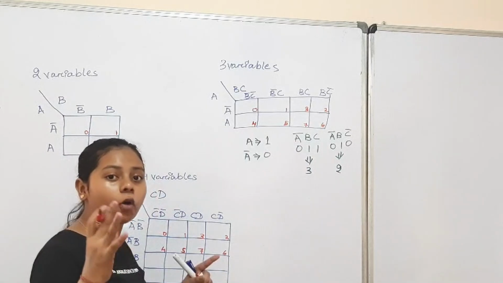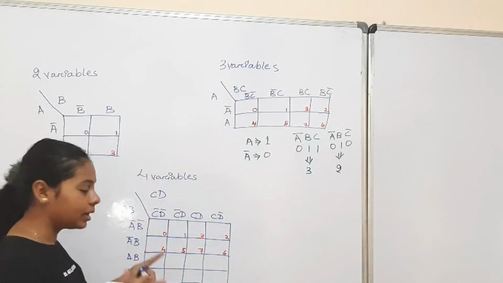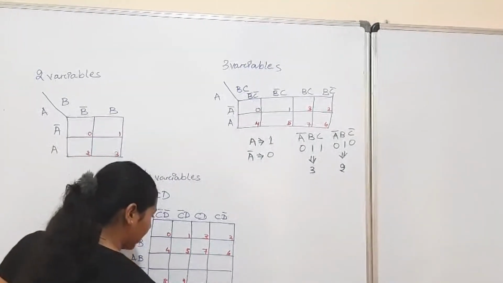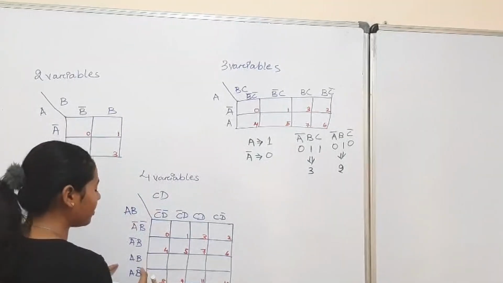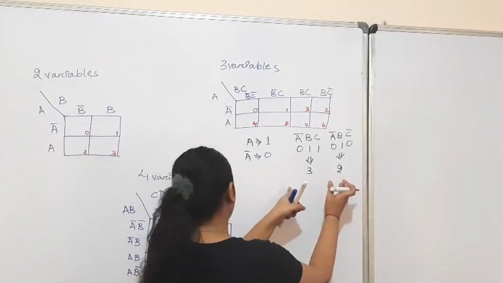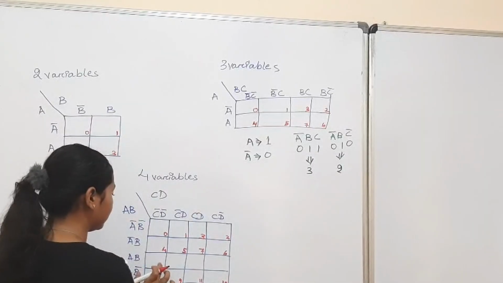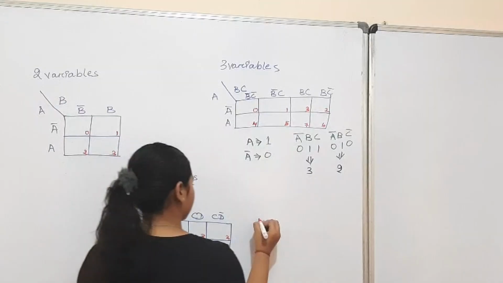But wait, don't follow the same format by writing 12 here. Here comes the twist. Here I will write 8, 9, 10 and 11. The twist comes here by using this format. When we solve this one, we get here 12. If you don't believe me, let me show you.